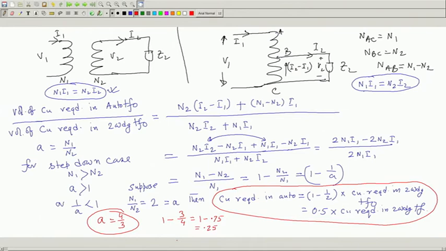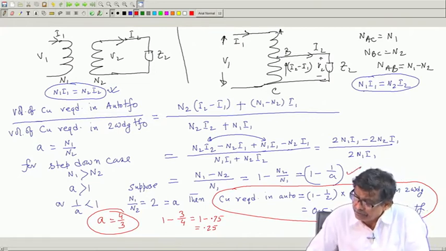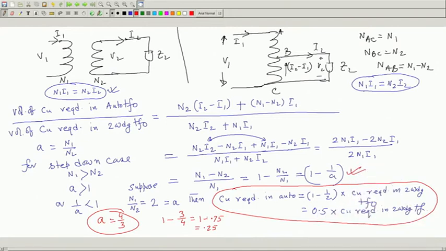See, if you want to change the voltage ratios in this ratio, N1 is to N2 is 4 is to 3, then I find savings of copper is much more, because copper required will be only 1/4. It looks like that it depends on A. This is the crucial equation, copper required in a 2 winding transformer.